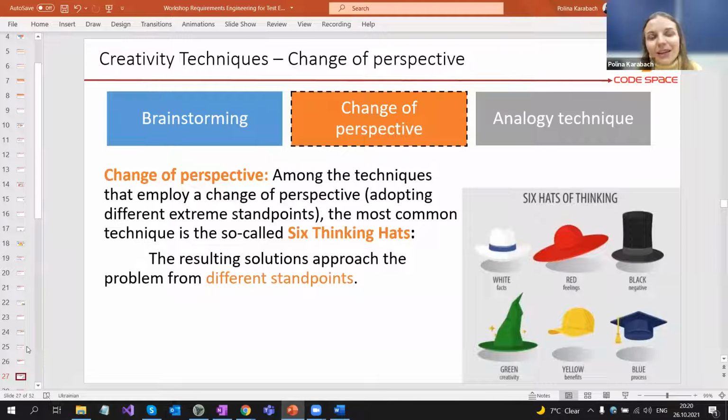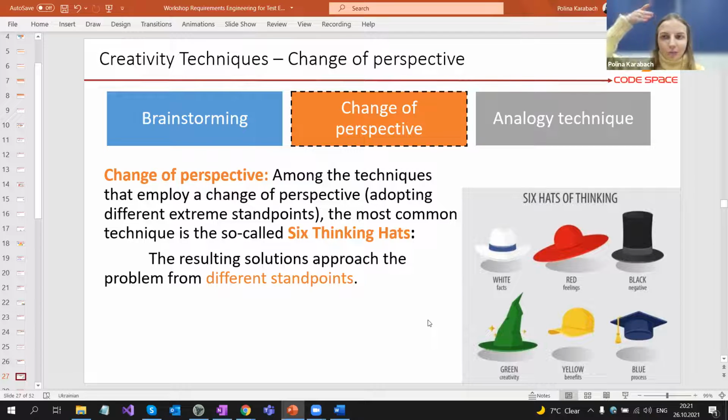Change of perspective is another creative technique. It has a goal of adopting: people who participate in some session would adopt a certain perspective. And one of the common techniques for this change of perspective is called six thinking hats. You can see it on the screen here. So there are 6 hats of different perspectives: facts, feelings, the negative, creativity, benefits, and process.